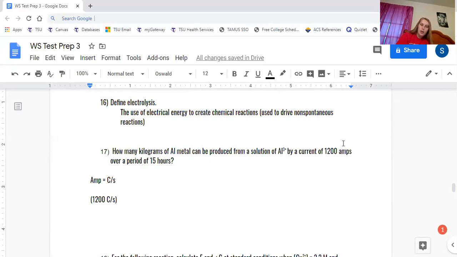Then we're going to multiply that by our time to get rid of the seconds on the bottom here. So what do we have for time? We have 15 hours, but we need to have that in seconds.